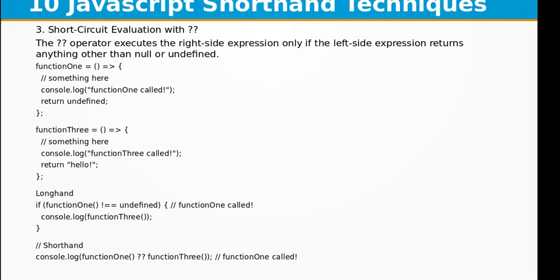So let's say we have two functions, function 1 and function 3, and we want to check if function 1 is not undefined, then we call function 3. There is also a shorthand method to do the same functionality by using short circuit evaluation.